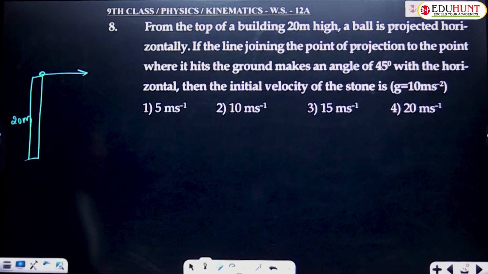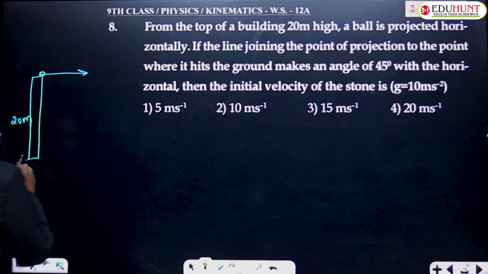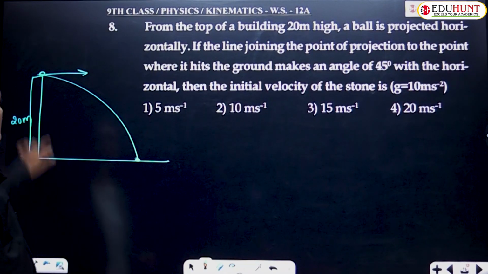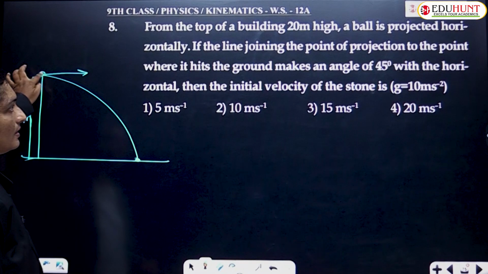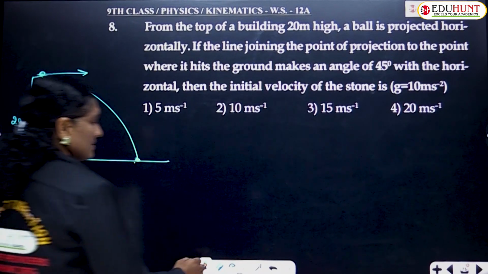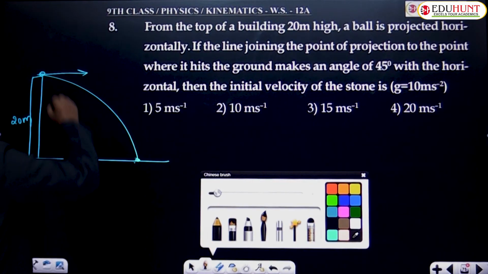If the line joining the point of projection to the point where it hits the ground. So, this is the ground. So, this ball reaches the ground like this. What is given? The line joining the point of projection to the point where it hits the ground makes an angle 45 degrees with the horizontal.